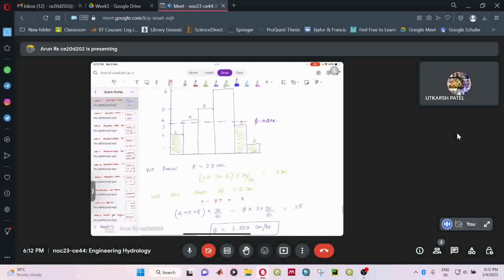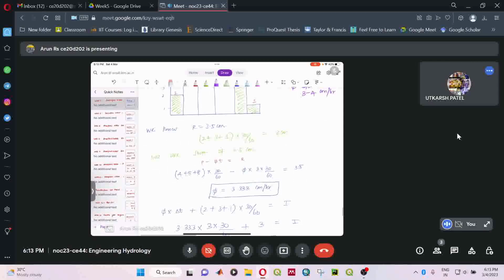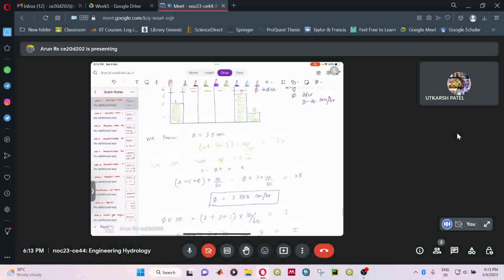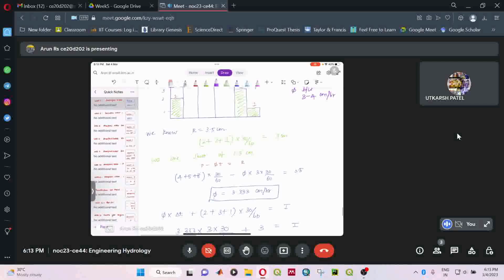So the main concept is why we are assuming phi between 3 to 4: because we remain short of only 0.5 centimeter. So in the questions, first you should eliminate 2 or 3 blocks and calculate the value that you are eliminating.